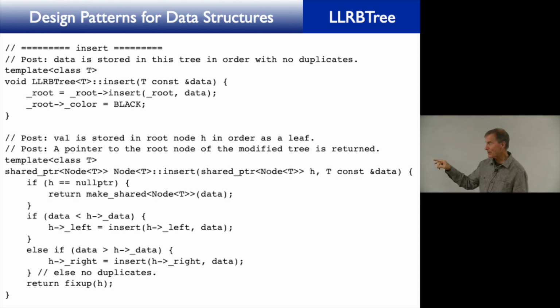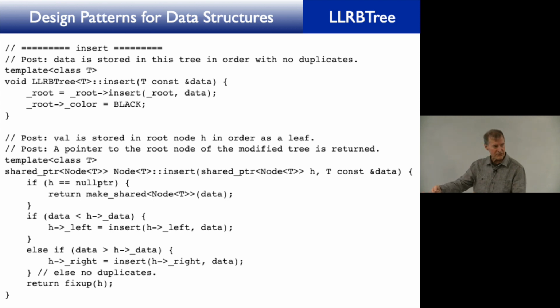Let me just run through this and give you some previews of coming attractions. This code right here, we have to get used to this feature where all of these methods return pointers to nodes. They change the structure that the node is pointing to, and then they return a pointer to the changed tree, and because it returns a pointer, that pointer gets assigned to something.